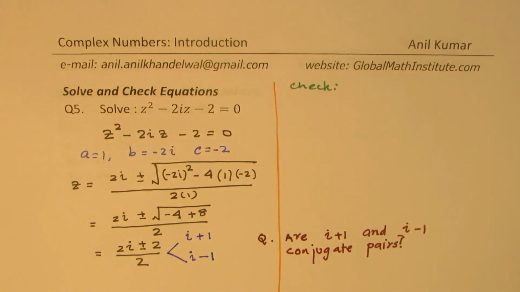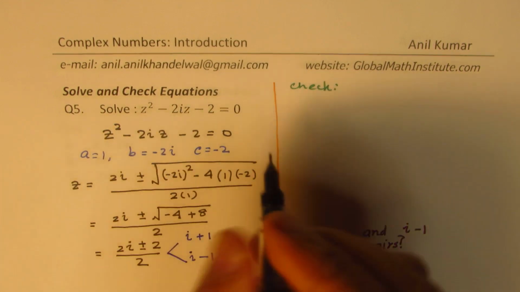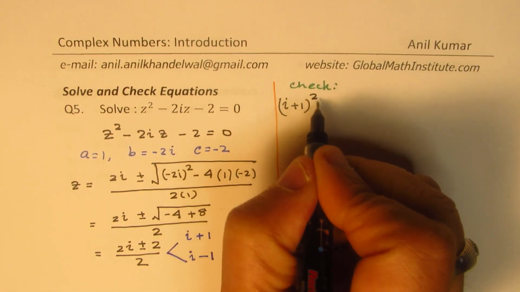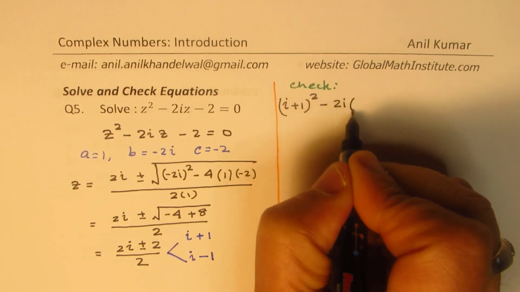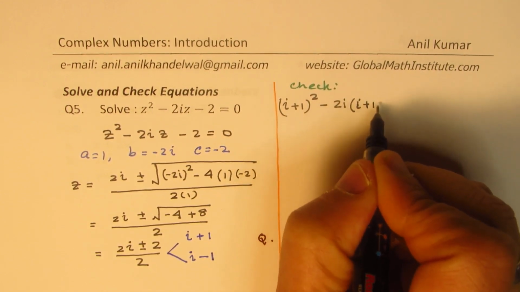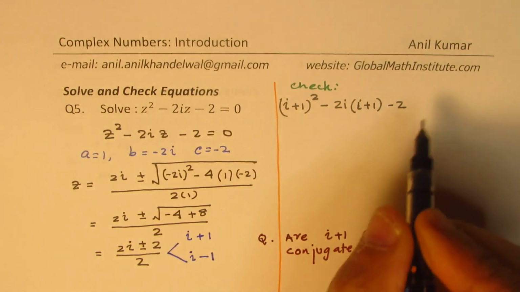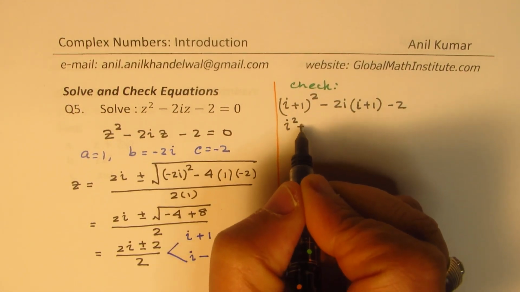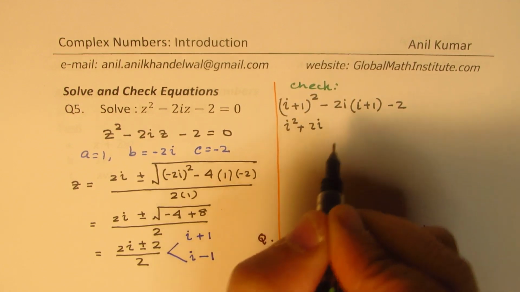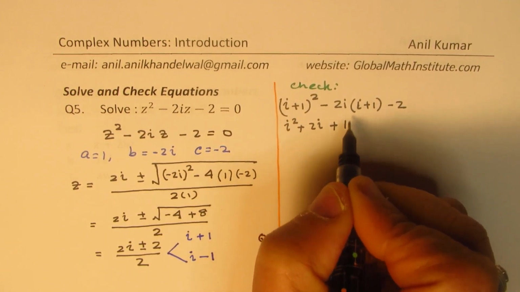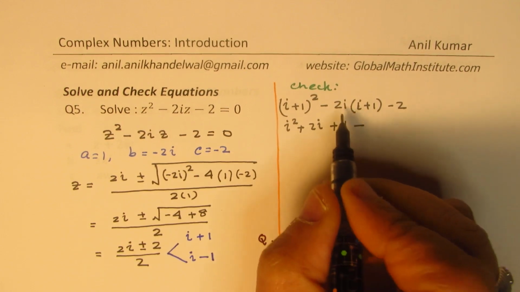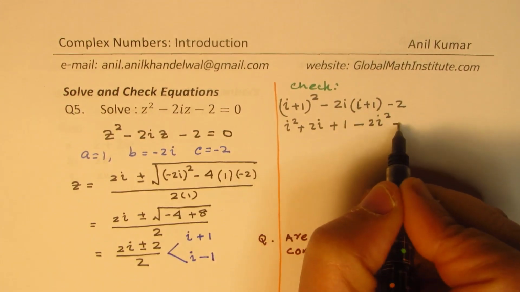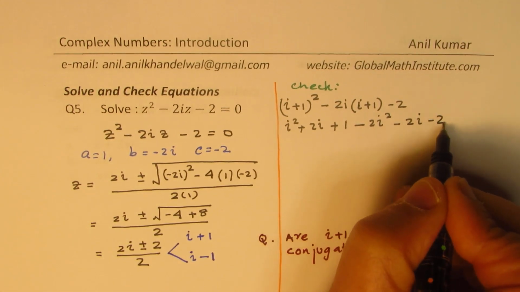So to check, I will write down i plus 1 here. So we get i plus 1 whole square minus 2i times i plus 1 minus 2, right? Now that gives you i square plus 2i plus 1, and this gives you minus 2i square minus 2i minus 2, right?